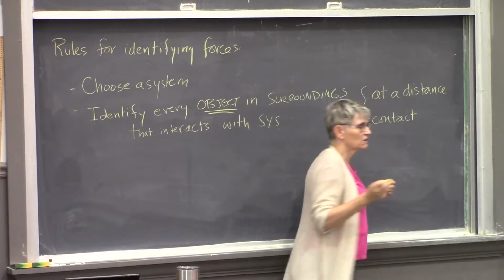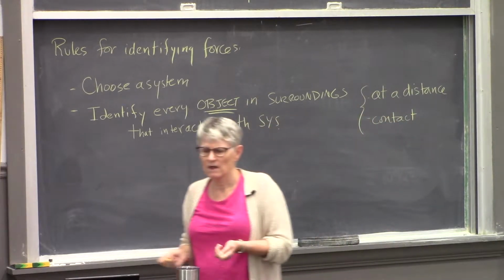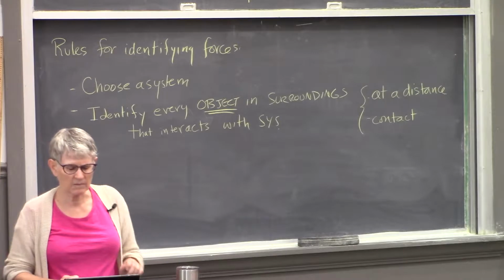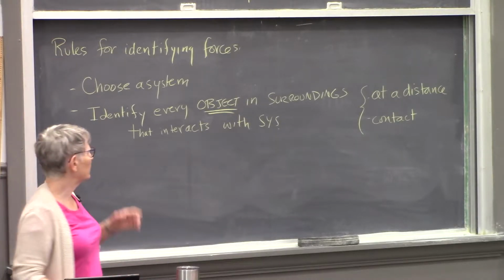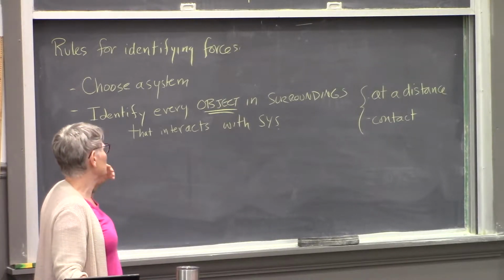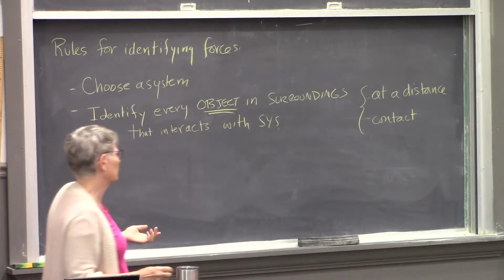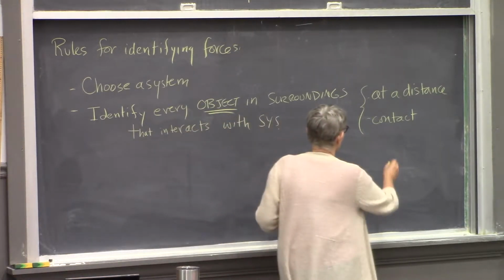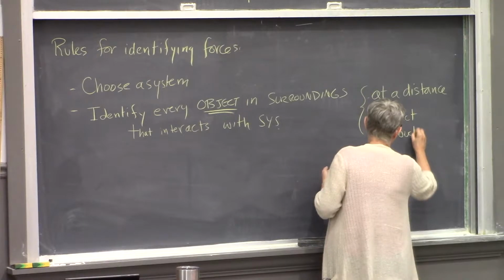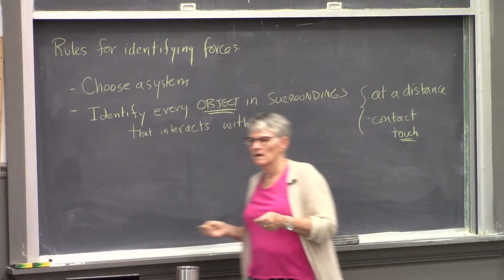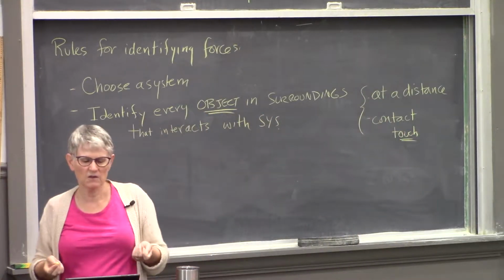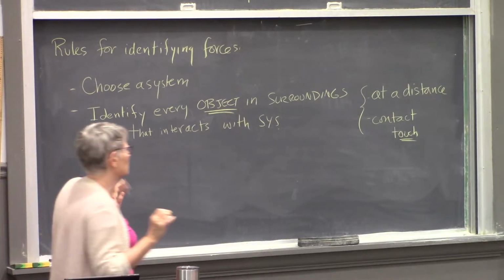Two things actually touch each other. And so everything that either interacts at a distance or touches the system, and once we've identified all those, we're going to stop because that's all the forces there are.